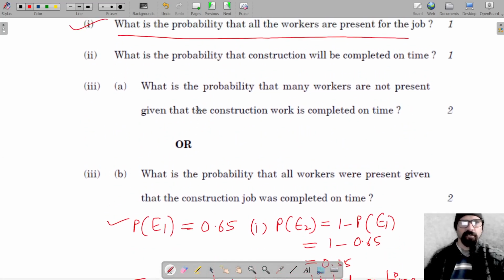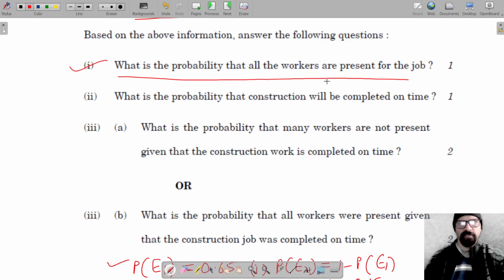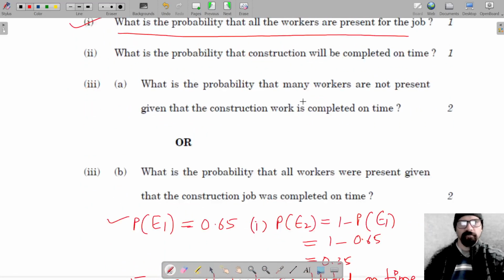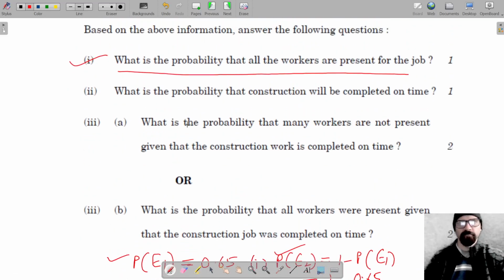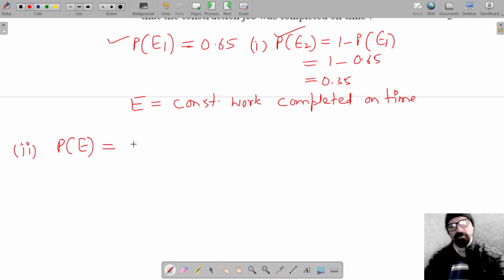All right. So the probability that all the workers are present for the job is the probability of E2. And what is the probability that the construction work will be completed on time? So we have to find the probability that the construction work is completed on time.